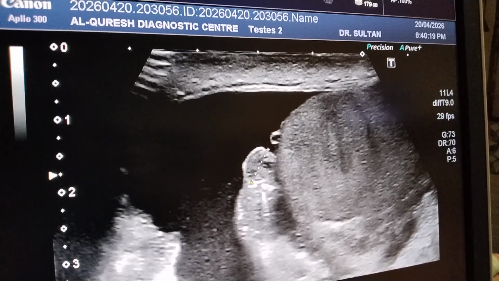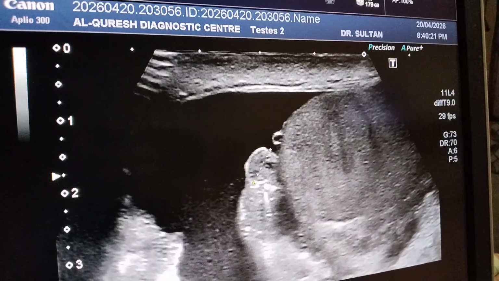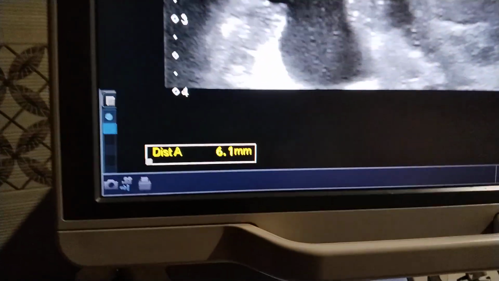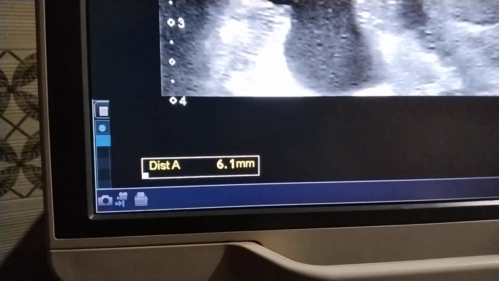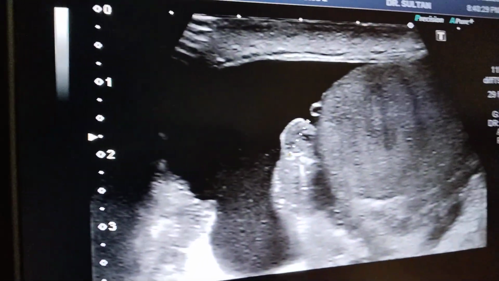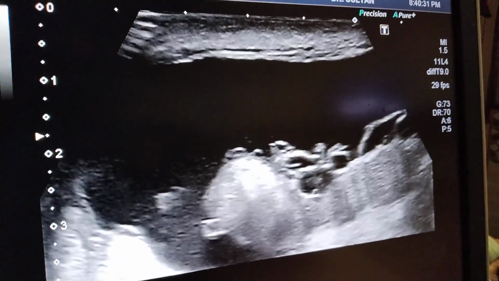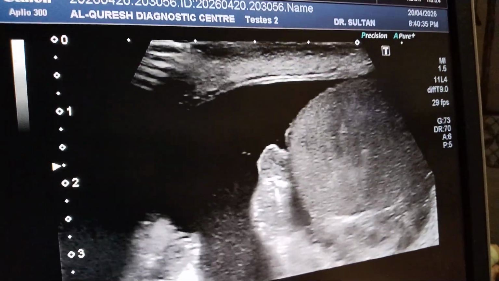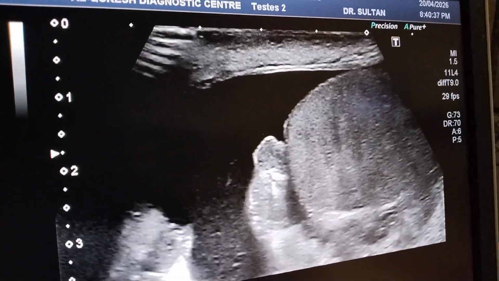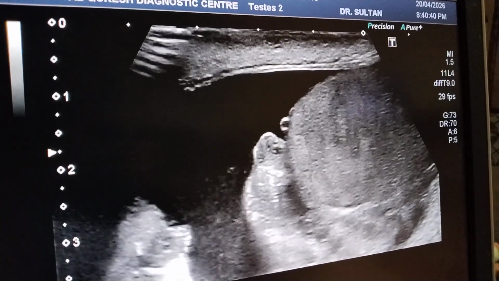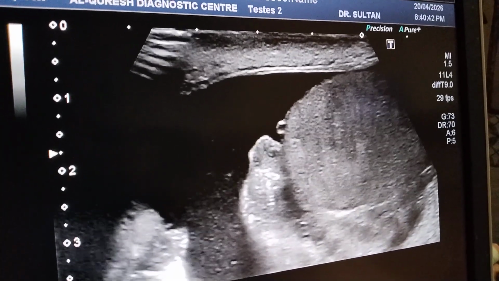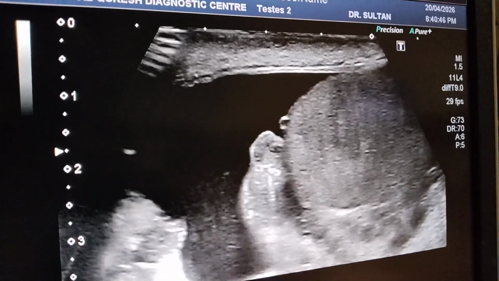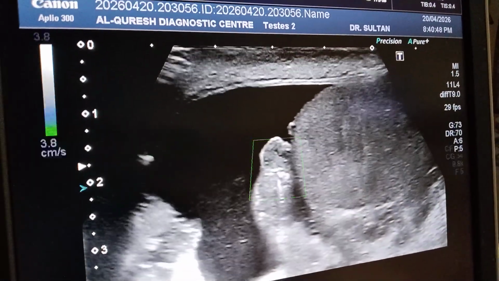Also the vascularity is increased, which we have seen. When we measure the size, it should be less than or around 5. It is 6.1, meaning more than 6. So we can say that this is enlarged, heterogeneous in echotexture, showing increased vascularity. So along with the orchitis, the inflammation of the appendix is also present.